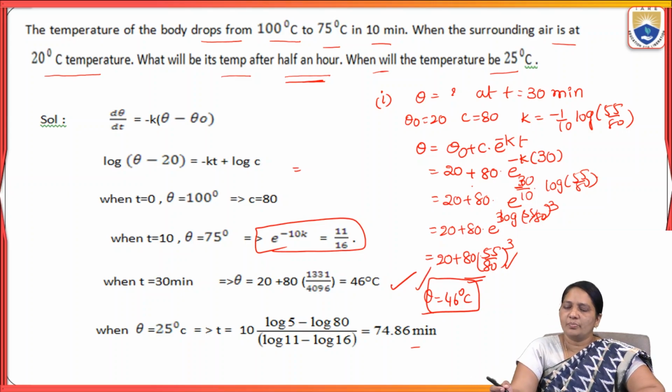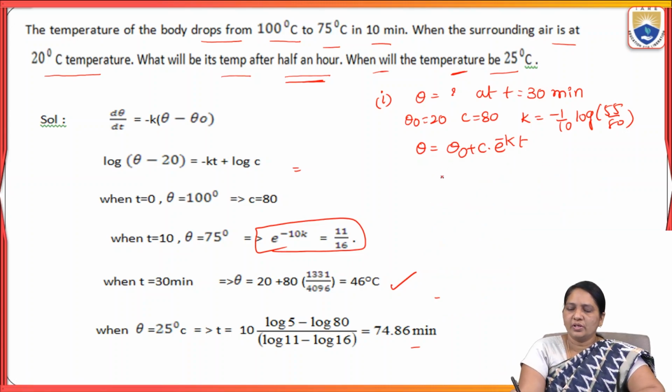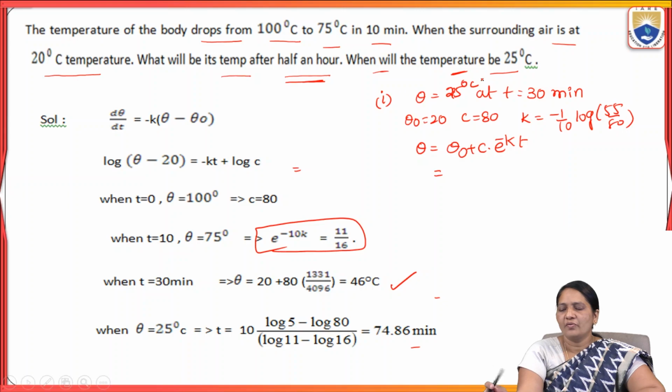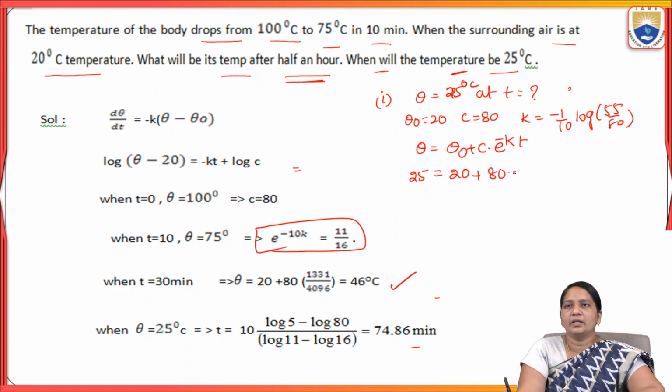In the second step, they are asking to calculate the time for the temperature 25 degrees C. In the same way, what is the temperature they are giving? Temperature 25 degrees C. We have to calculate the time. So here temperature is 25 and theta naught is 20 plus C value is 80 and e power k value, which is minus 1 by 10 log 55 by 80 into t.